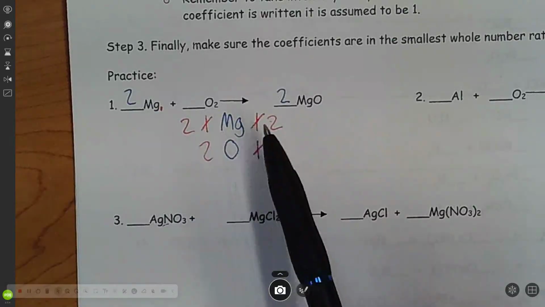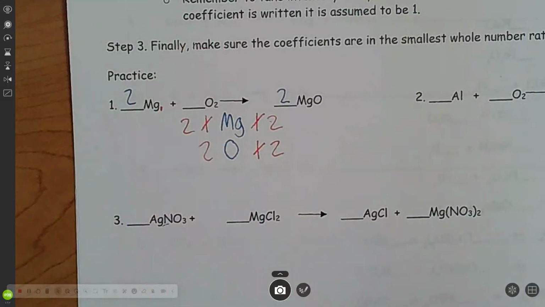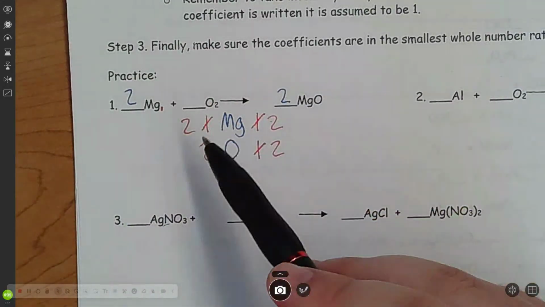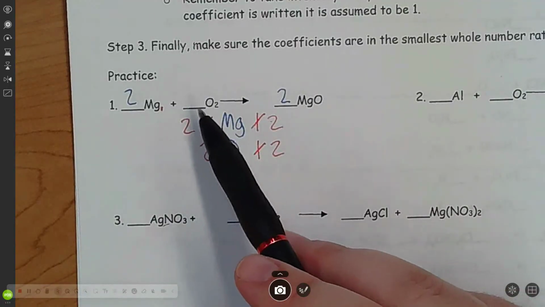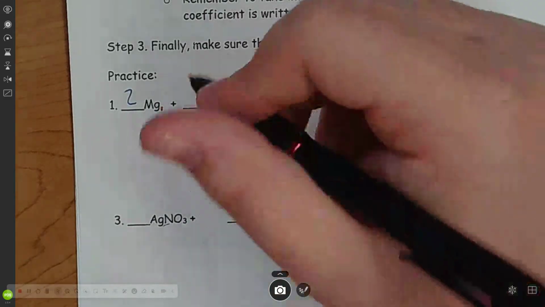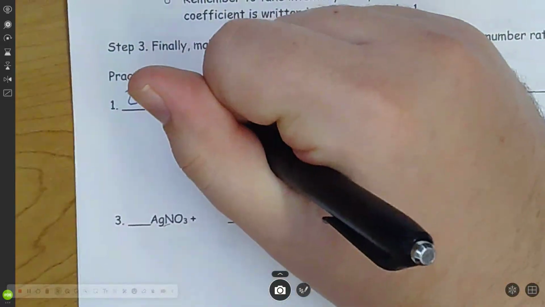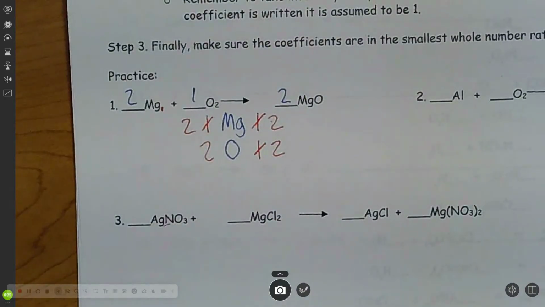By doing that, now Mg is balanced and O is balanced, so we're all good. The only thing that's left to do, there's a little blank spot in front of the oxygen. Anytime that we're left with just a blank like that, it just means that that value is 1. Okay. So that's our first example.